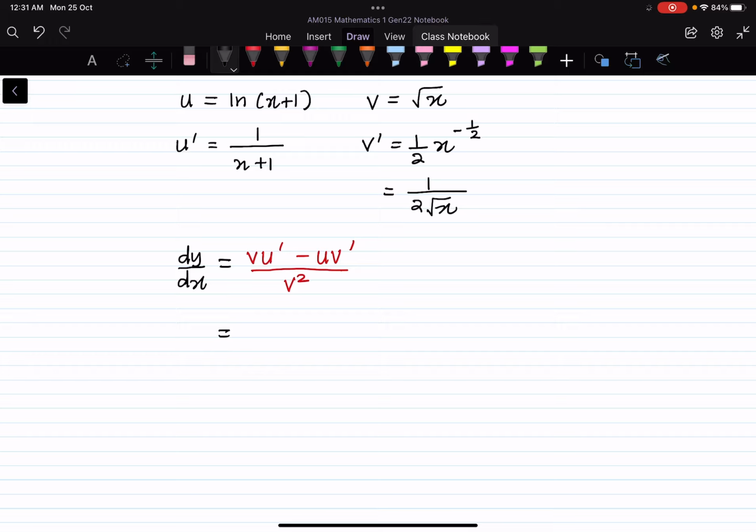So our v is √x times the u prime, which is 1 over (x+1), minus the u, which is ln(x+1), times the v prime, which is 1 over 2√x, over v squared, and our v is √x, so (√x) squared.